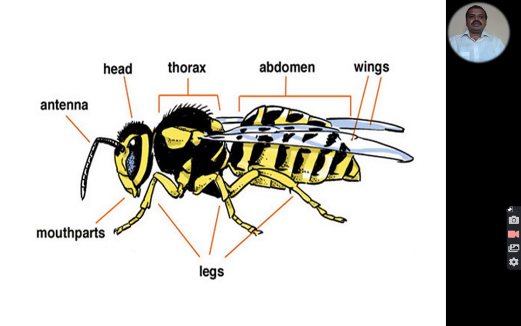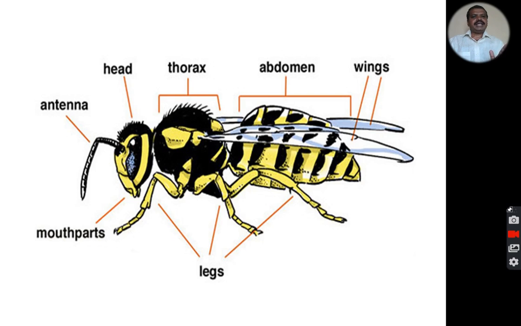Wings are important for any insect to fly in the environment. Ventral to the thoracic region, you can see the presence of three pairs of legs.